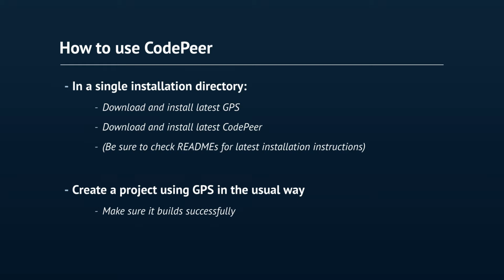It uses the same basic project mechanism and project build mechanism that is used with the GNAT compiler, and that means that if you're familiar with that, it's that much easier. If you're not familiar with that, it's a set of tools that are widely used and have a long history and have been getting friendlier and friendlier over the years, and so CodePeer is piggybacking on that mechanism.